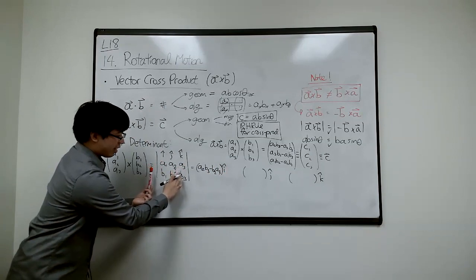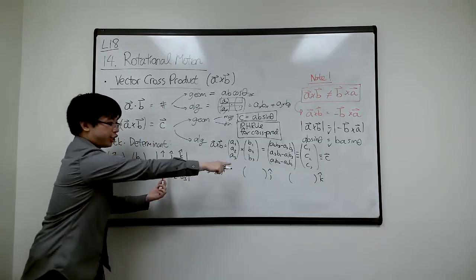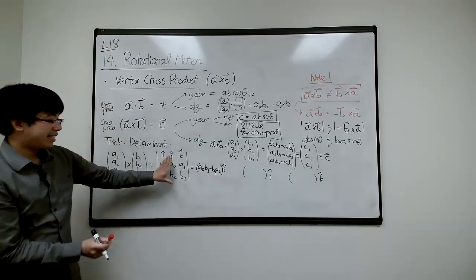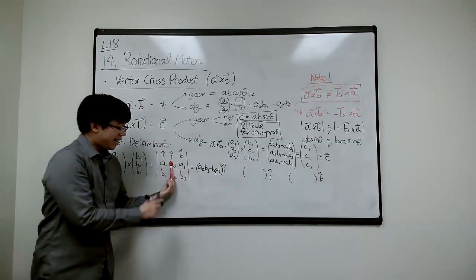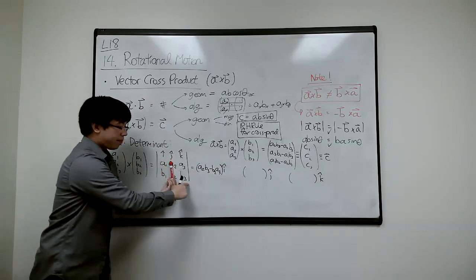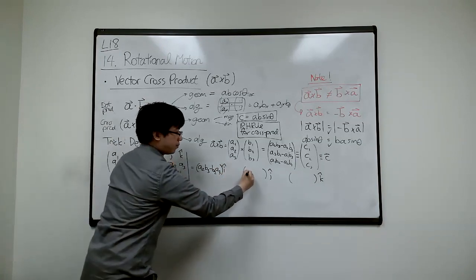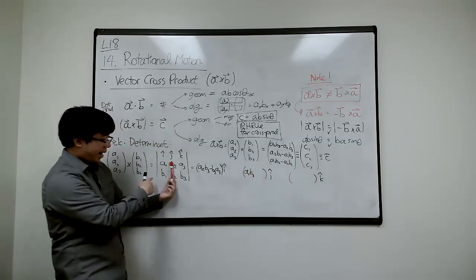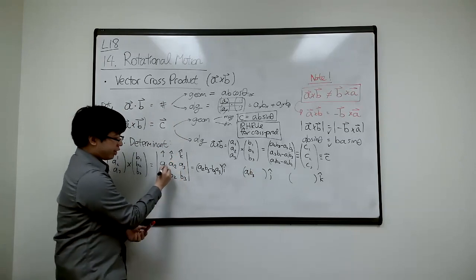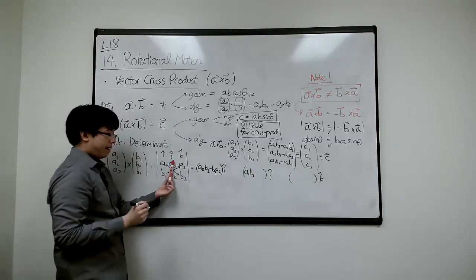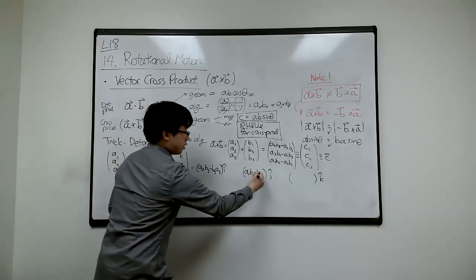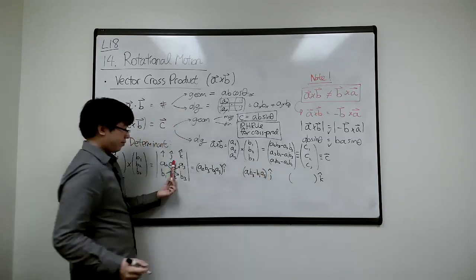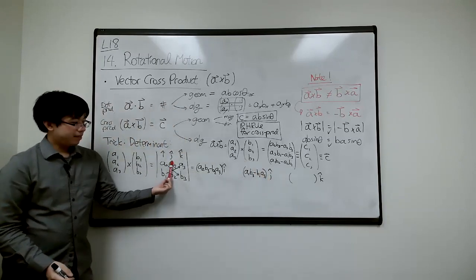And then you're going to move to j. So now you put your hand and cover up the j column and then do the same thing. So now you have A1B3 minus B1A3. Makes sense.